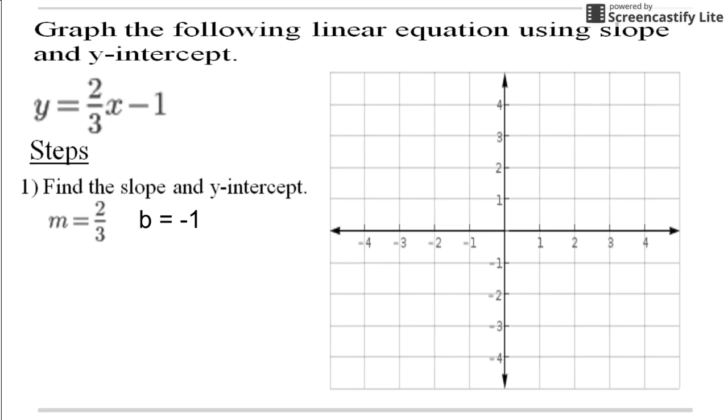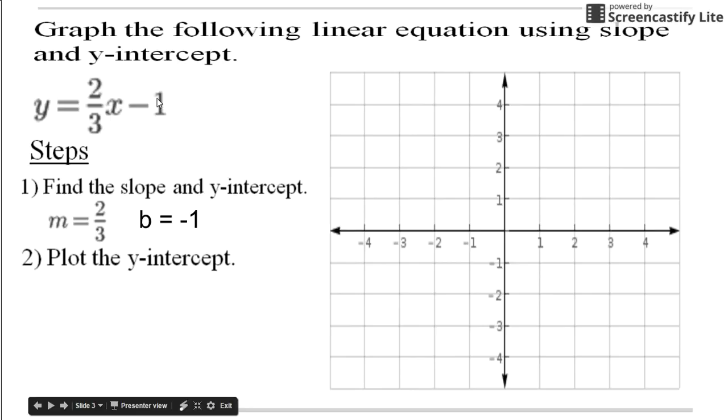Now, it's important that you start your graph at your y-intercept. So we're going to plot that y-intercept, which is negative 1. You've got to know which one your y-axis is. The one that goes left to right is your x-axis, and your y-axis is the one that runs up and down.